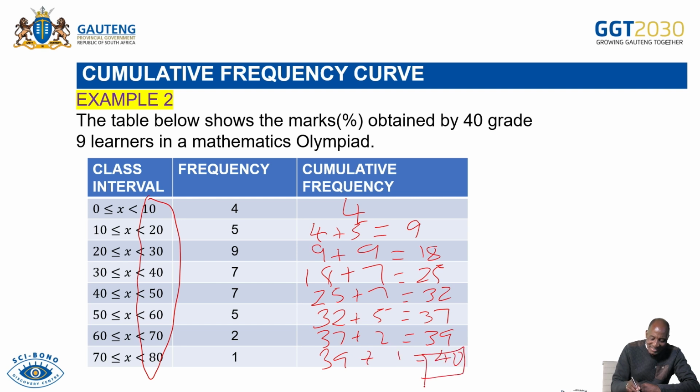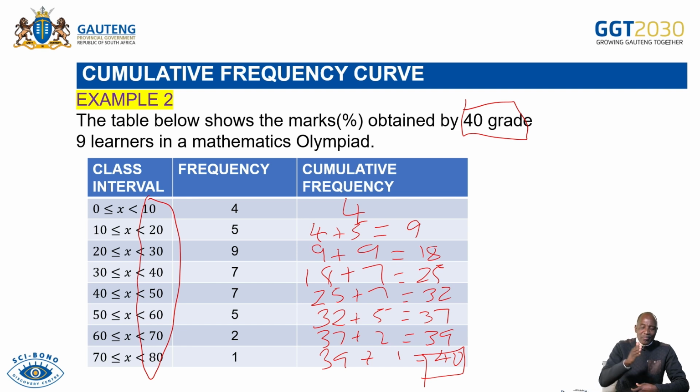This 40 agrees with the number of learners that were involved in this particular Olympiad exam or test. So every time you do your cumulative frequency, you are saying by the time you get to the maximum upper boundary, everyone is involved.